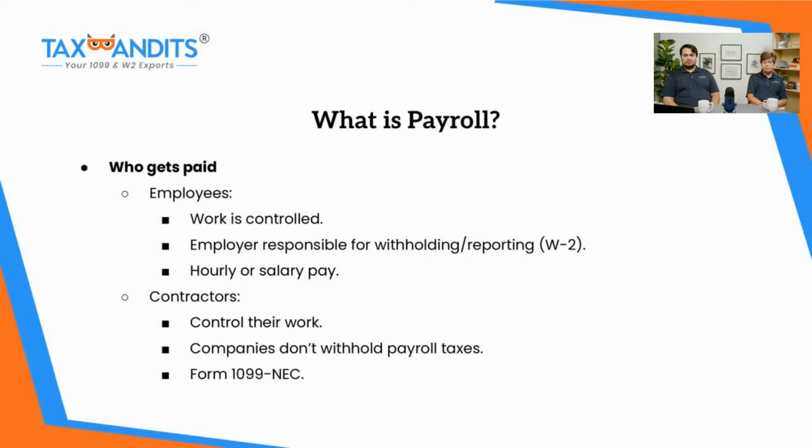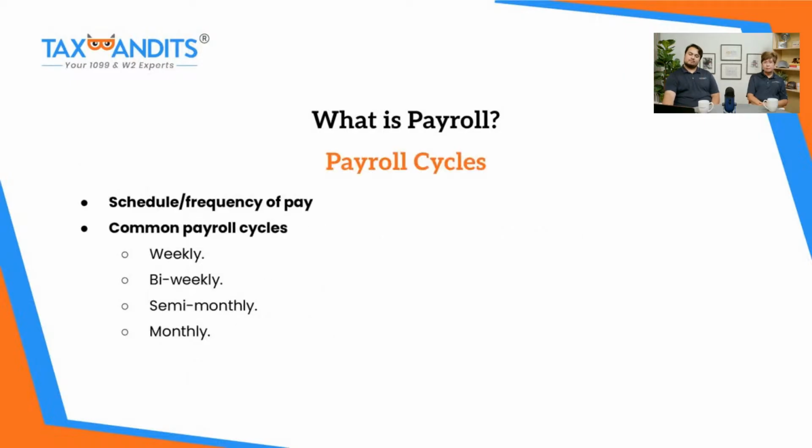This can be hourly or salary pay. Contractors are typically like freelance. This would be considered non-wage income usually. That's a pretty important term. And companies don't typically withhold payroll taxes from them. There might be some situations where that can happen, but typically this will be a 1099 recipient.